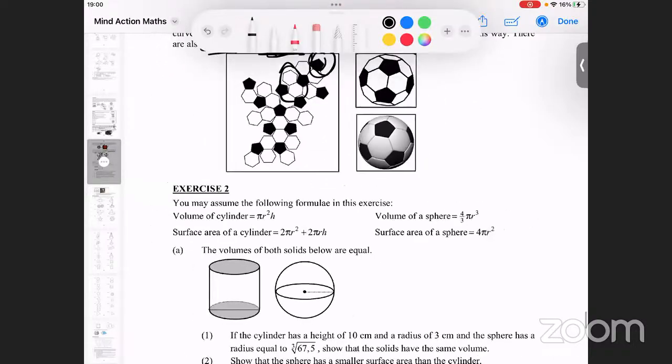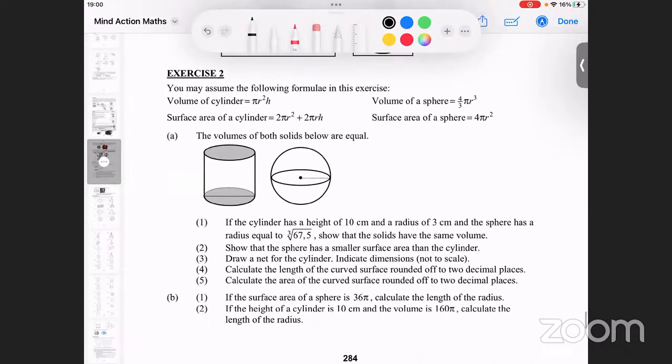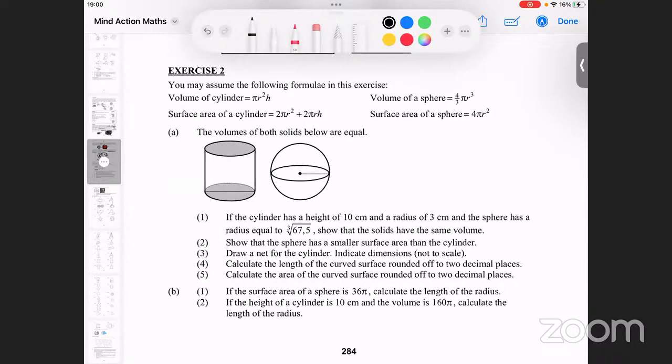And let's see, we have an exercise here, in which we are required to calculate the volume of a cylinder and a sphere, combined or individually.